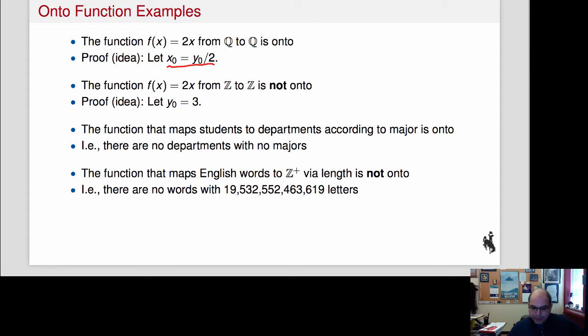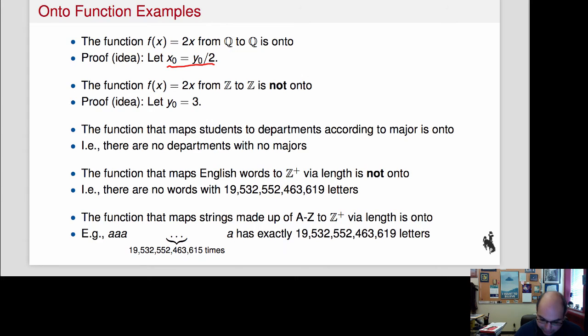And let's take English words and map those to positive integers. And the mapping is going to be the length, right? That is not onto, because there is no word in the English language that has 19.5 trillion letters. Thank God, right? So no, that is actually not an onto mapping. However, if you think of the strings that are made up from letters A through Z, then actually length is an onto function.